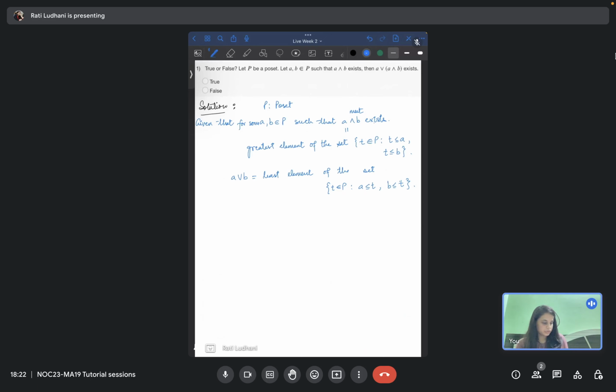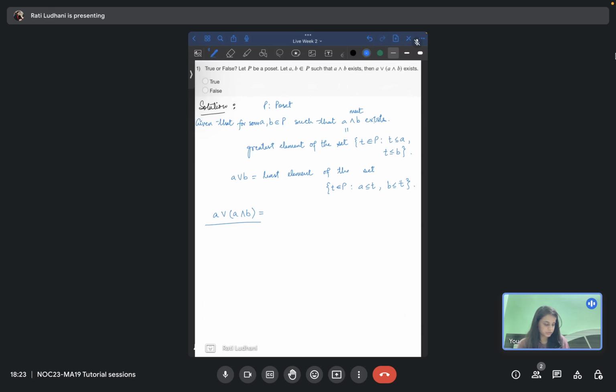Okay, so it has been asked, what can you say about A join A meet B? Will this exist with these many conditions? Can you conclude anything about this element?